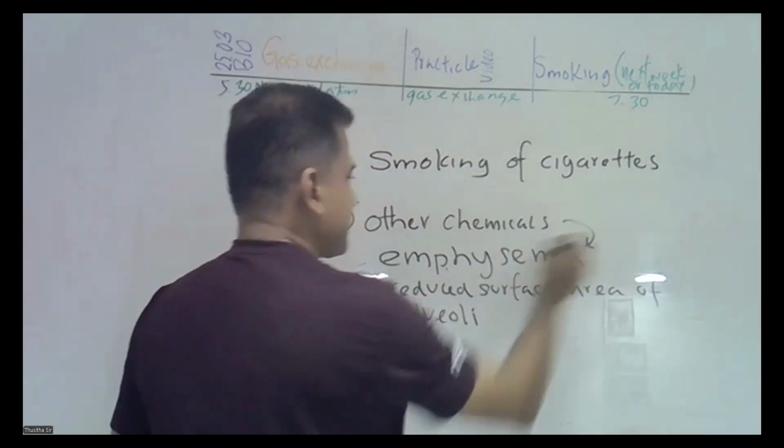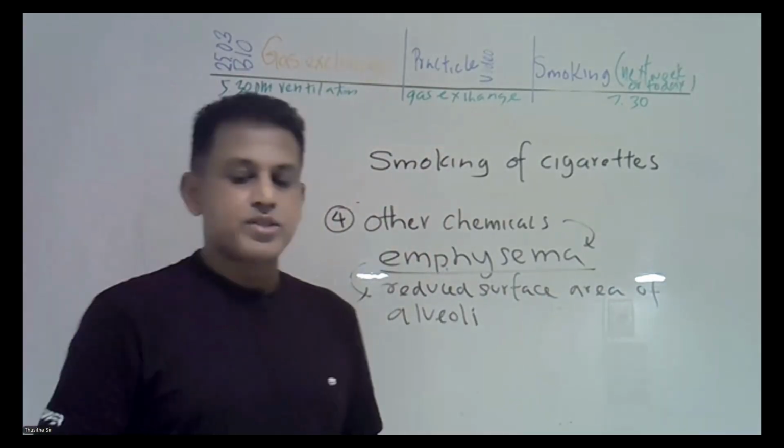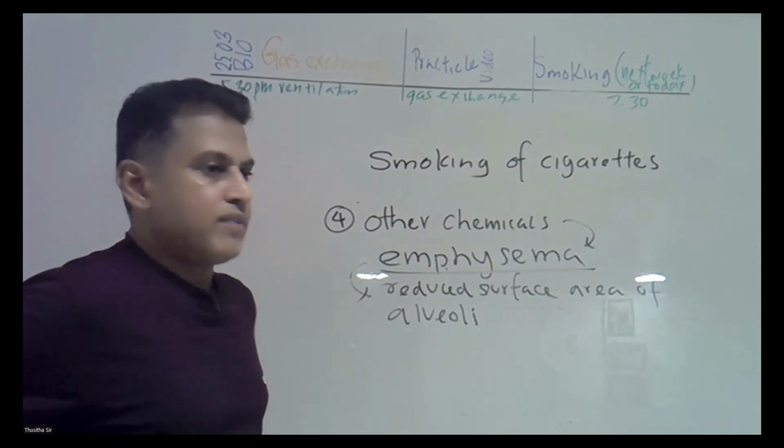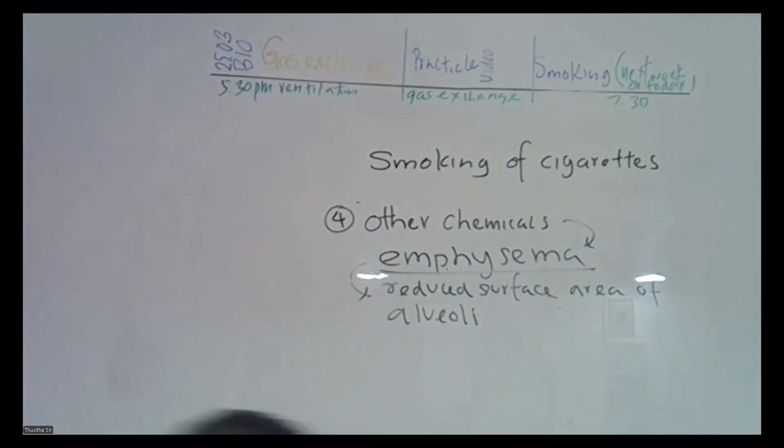Some other chemicals in cigarettes cause a disease called emphysema, and that reduces the surface area of alveoli. So it's not one thing. Smoking cigarettes can cause many harms to the body.